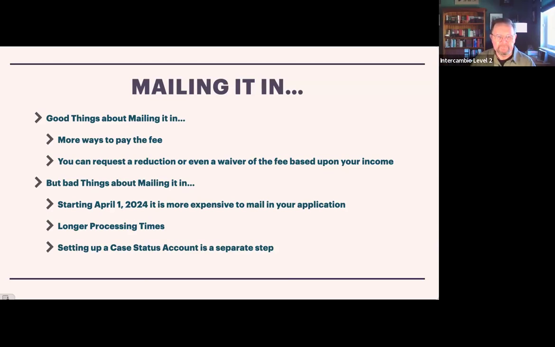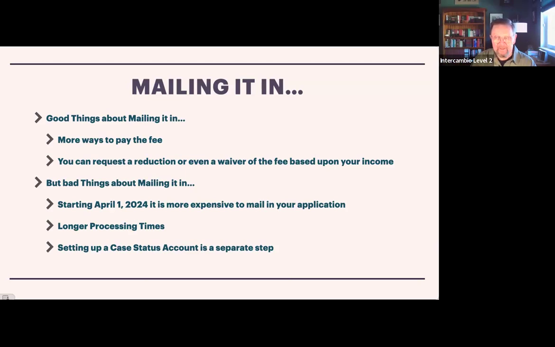Also, when you mail in your application, you have to go through a separate step to create your online account, your case status account, which you will use to communicate with the USCIS during the application process.